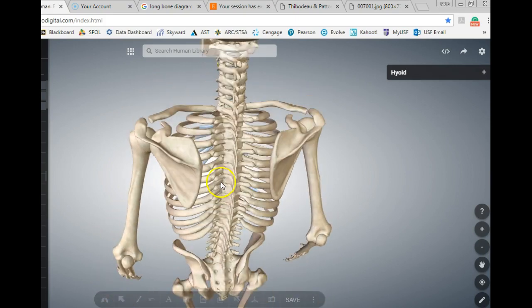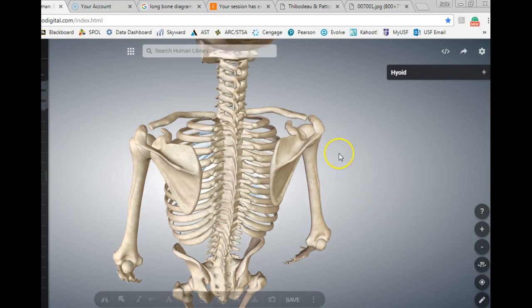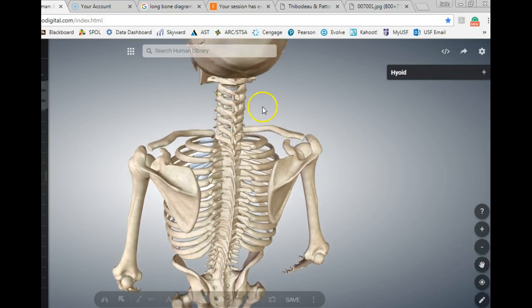So with the cervical spine, we have the atlas, which is C1, and the axis, which is C2. So this joint is what allows the head to pivot, to kind of swing around from side to side.